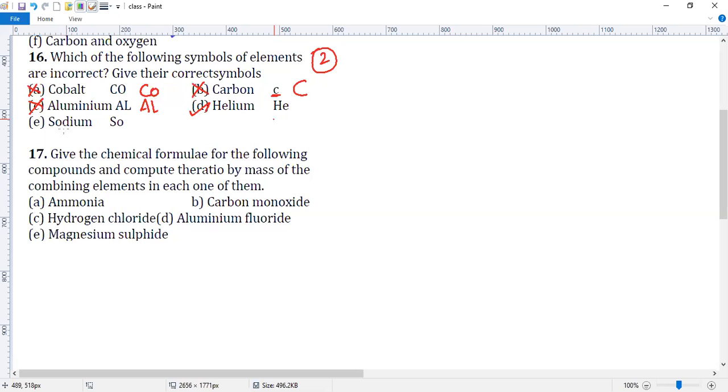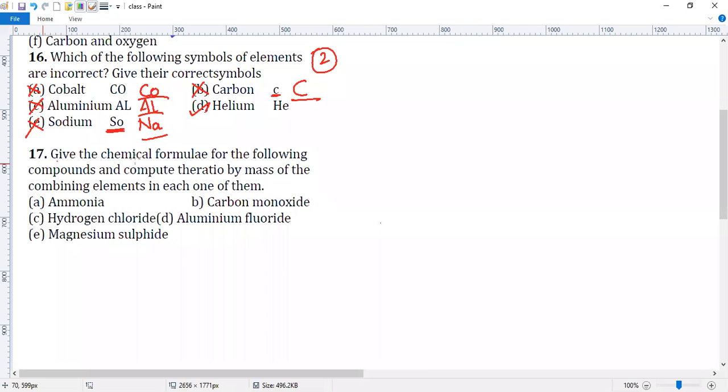This is excellent. And sodium is wrong because the symbol is not SO, rather it is natrium, whose first alphabet is Na, capital N and small a. These 4 things, if you have identified and written properly, then you get half for each subdivision. So 2 marks in all.